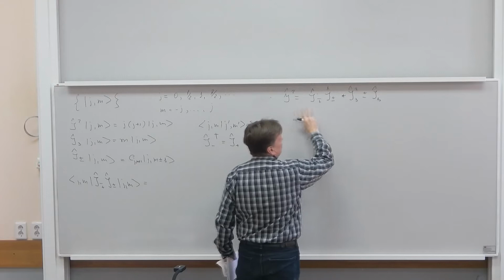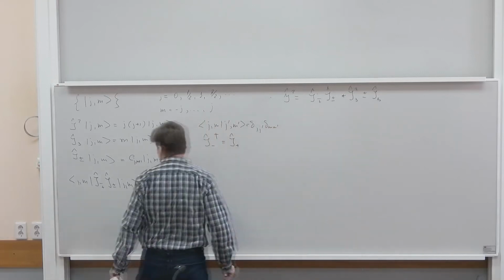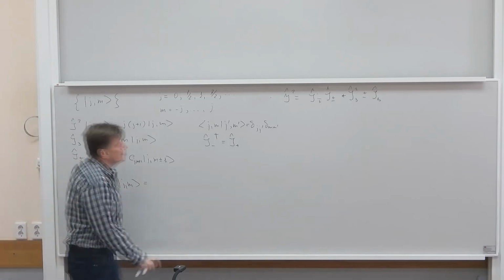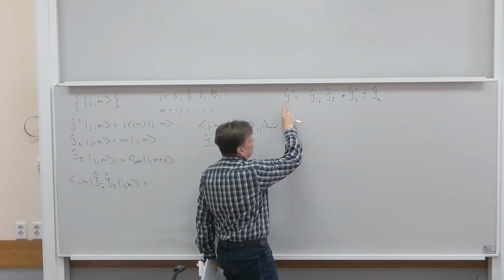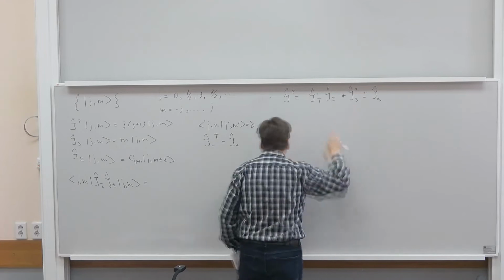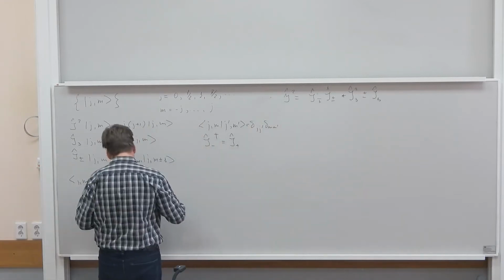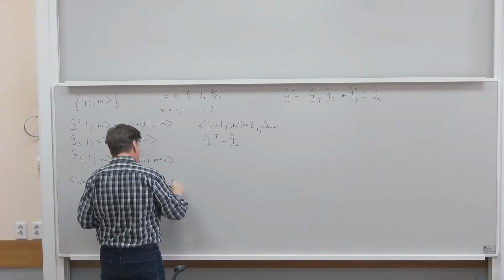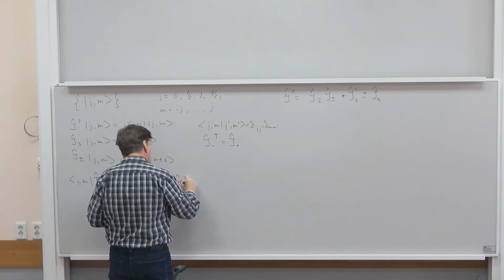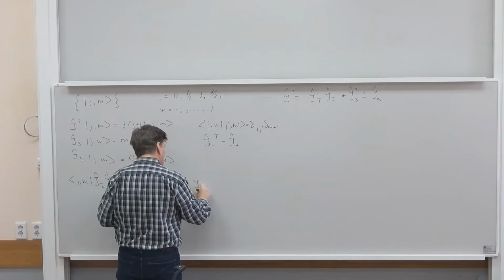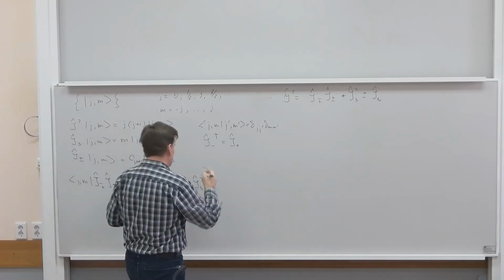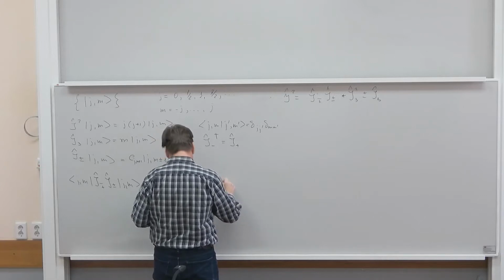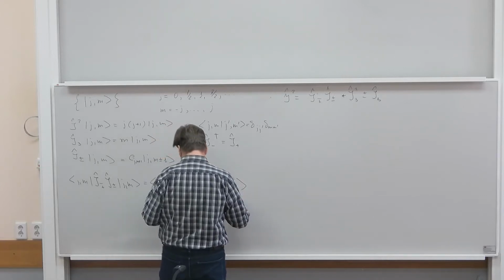Using this definition, we can rewrite this operator in between in terms of the operators J squared and J3. So we can proceed as follows: ⟨j,m| J squared minus J3 squared ∓ J3 |j,m⟩.